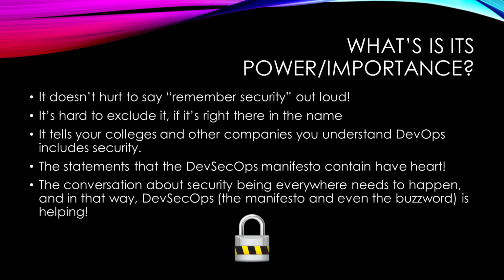So what's its power and importance? It really doesn't hurt to say remember security out loud. It's hard to exclude it when it's right there in the name. It tells your colleagues and other companies that you understand DevOps includes security. The statements that the DevSecOps Manifesto contain have heart. The conversation about security being everywhere needs to happen, and in that way, DevSecOps, the manifesto, and the buzzword are helping.